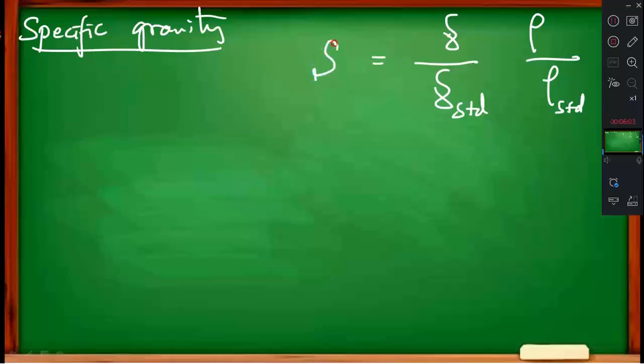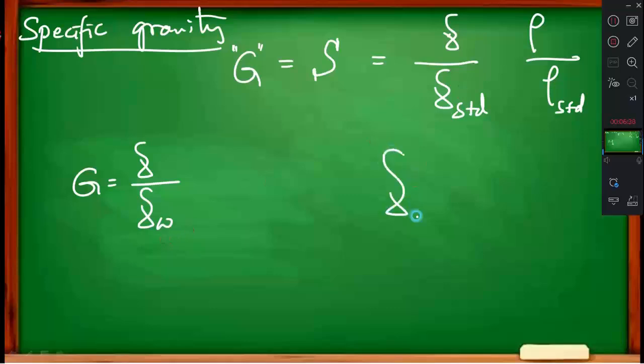Usually in fluid mechanics they will use the word S, but we will use G only because in geotechnical we have a practice of using G. Therefore G is equal to gamma divided by gamma W. Gamma W is the standard fluid, which I am assuming as water. Or you can call it rho by rho W.